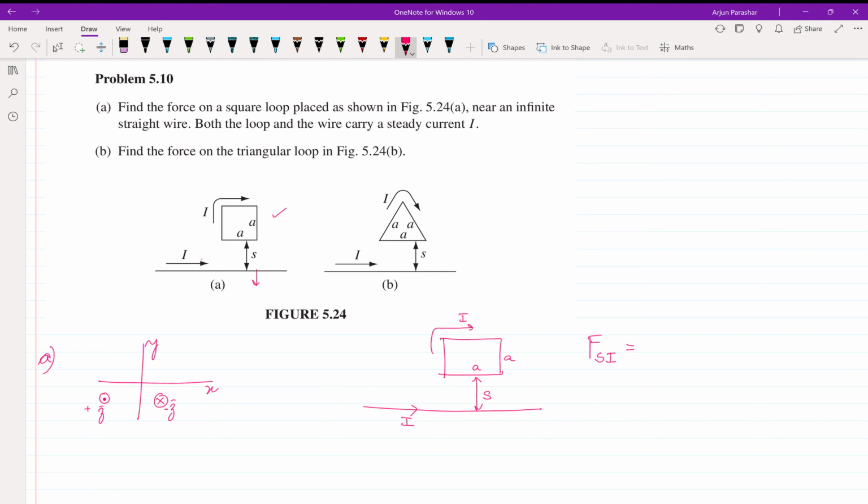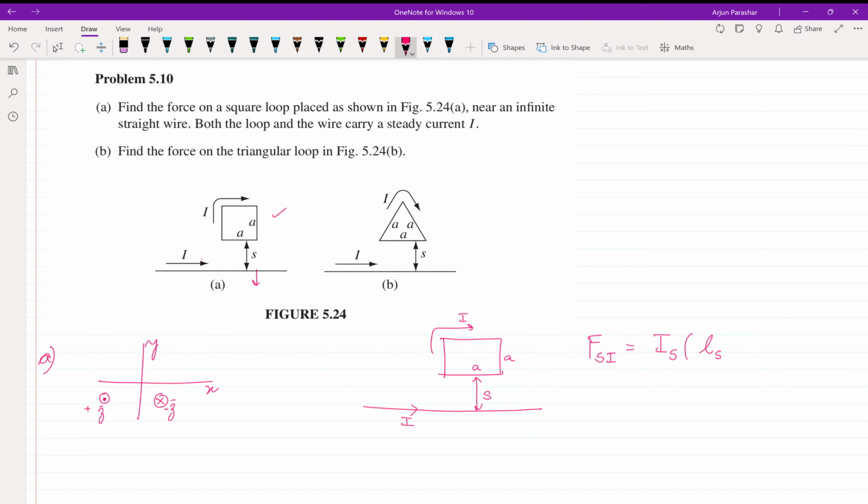All right, so the formula for this is the current of the square loop, or you can say some small force dF, but I am considering it as capital F, the current of the square loop into the length of the square loop. If the force is small, then the length will also be small, but we are considering the force as big, so the length can be considered as big.